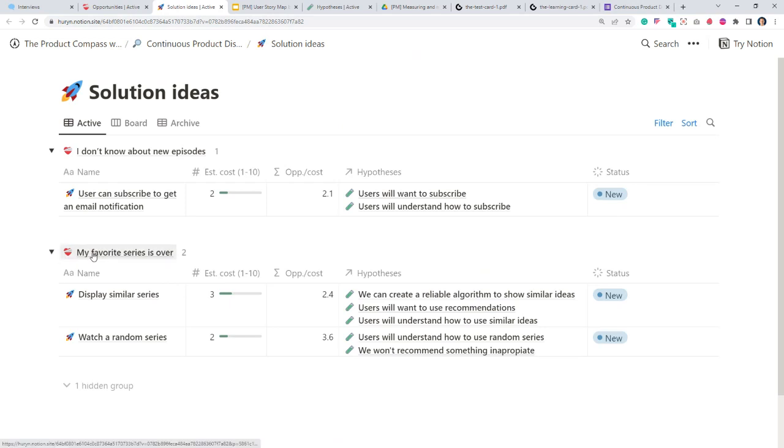So for example, for this my favorite series is over, one idea might be that we want to display similar series, and another idea to solve this problem may be to watch random series. Okay, we have some ideas. Typically, we need more than 2. And when brainstorming, you can end up with like 20 different ideas of solving a particular target opportunity.